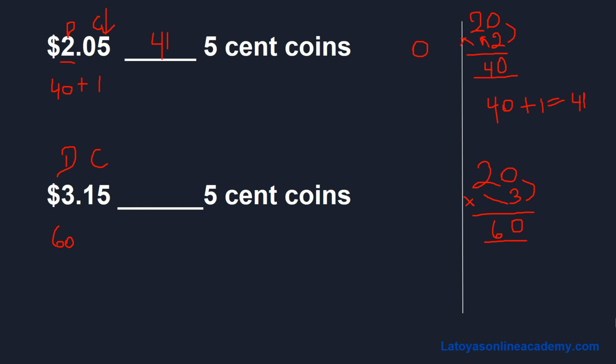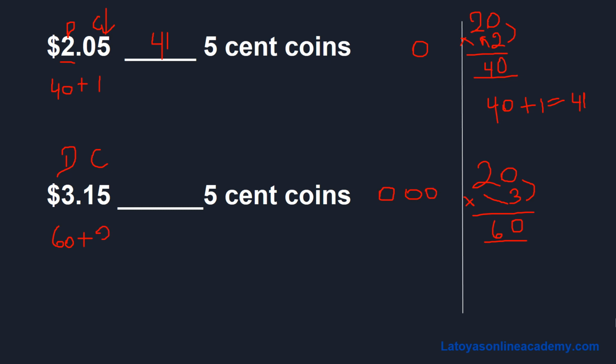Now we need to find out how many 5-cent coins there are in 15 cents. To do that, we can simply use our fingers or counters and count in 5s until we get to 15. 5, 10, 15. We are getting a total of 3.